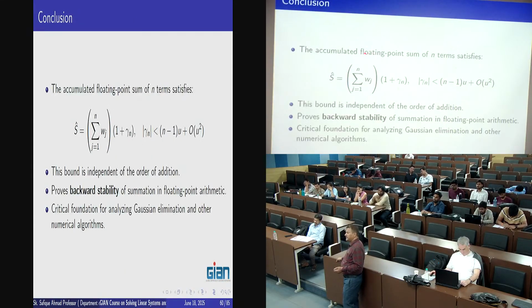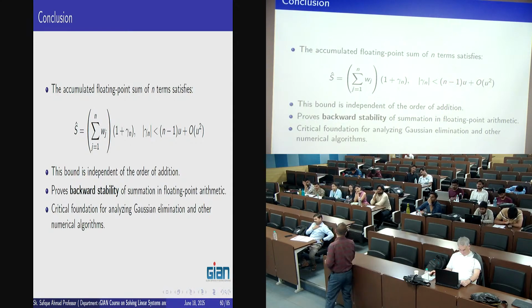So finally you get that the accumulated floating point sum of n terms gives gamma n less than n minus 1 into u plus order of u square. As j varies from 1 to m, here m minus 1 into u, gamma m is less than m minus 1 into u plus order of u square, because our sum was m terms, as in the earlier steps.